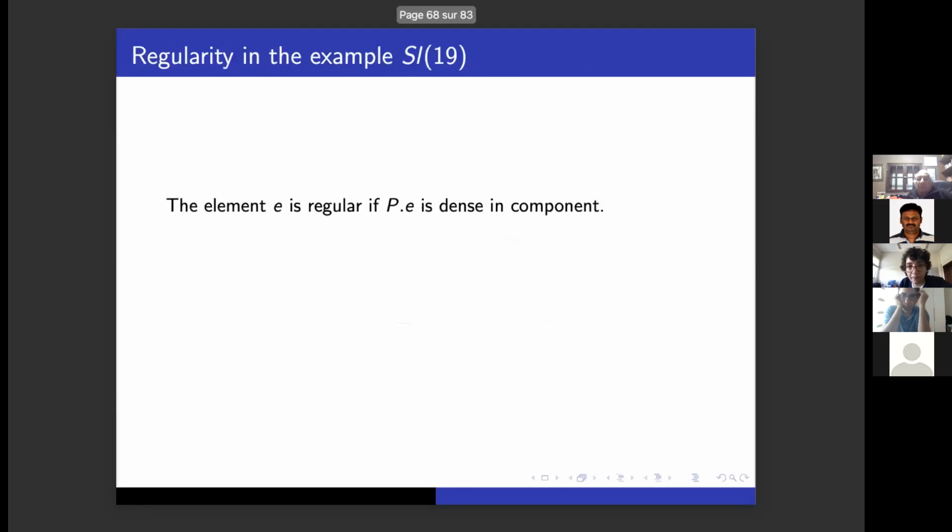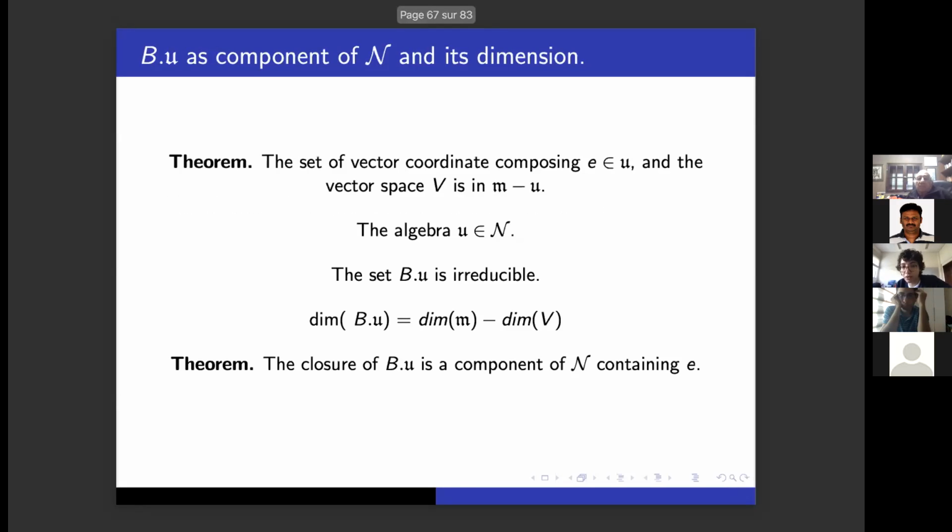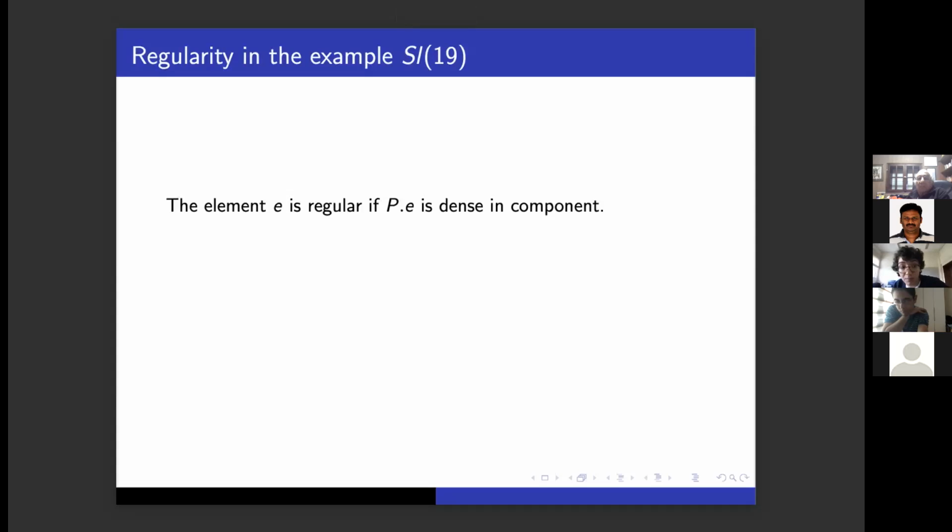Okay. So if you remember earlier when we defined U, we used N intersection W, and I told you that ideally I want it to be an orbital variety. So what I want E to be is regular.